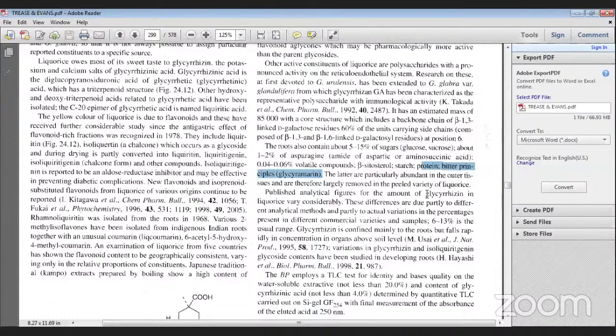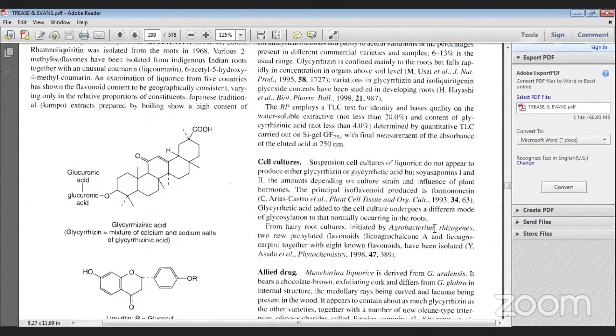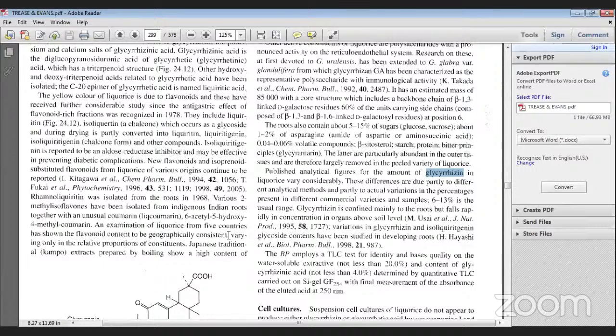The amount varies in the three different varieties of the licorice. It also contains asparagine and fat. As already discussed, the yellow color of the licorice is due to flavonoid glycosides like liquiditine and isoliquiditine.